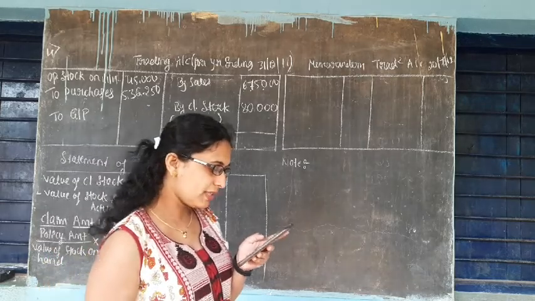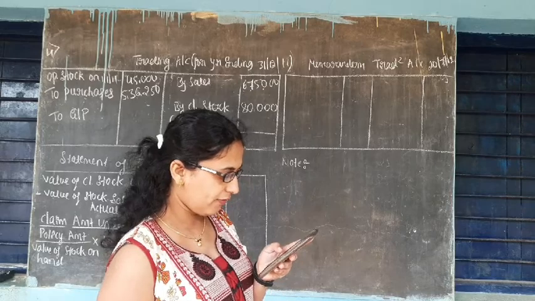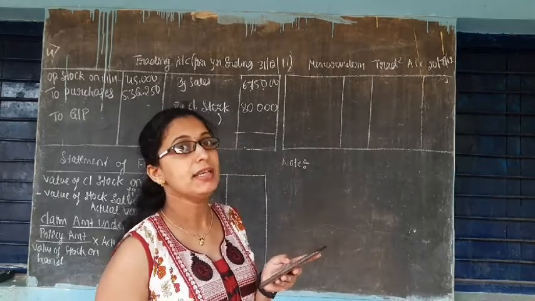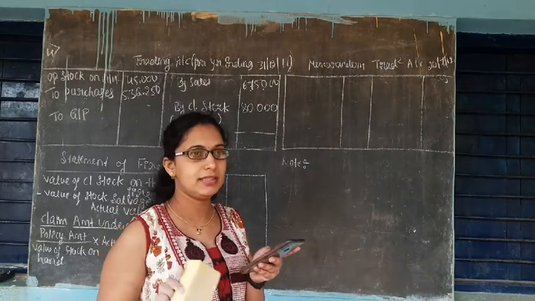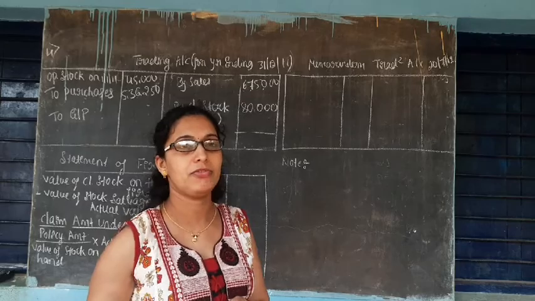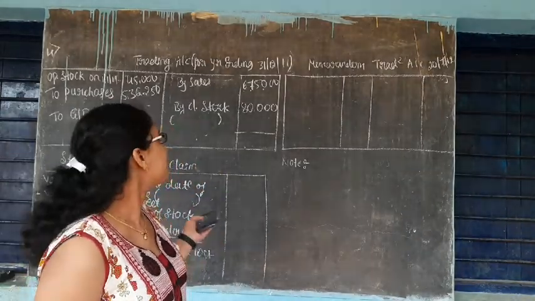The amount of the policy was 60,000 rupees. Ascertain the value of stock destroyed by fire. Give the statement of claim under the average clause. This is an extra thing that they have given, that you have to show the amount in the statement of claim under the average clause.